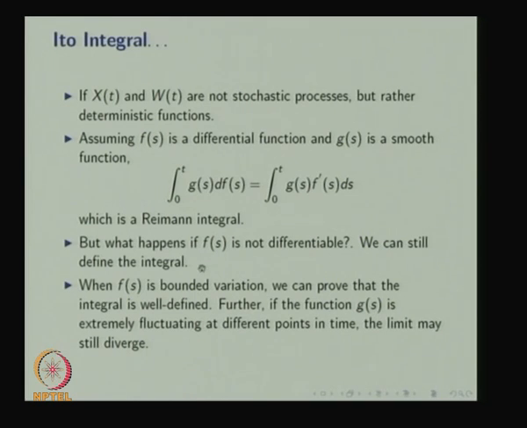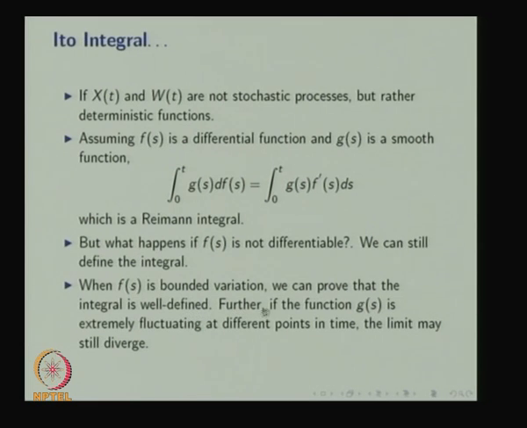But in our situation, f(s) is not differentiable. We can still define the integral. Remember that W_t is nowhere differentiable as well as of unbounded variation. So here we are going to discuss when f(s) is not differentiable, as well as when f is of bounded variation, then still the integral is well defined.